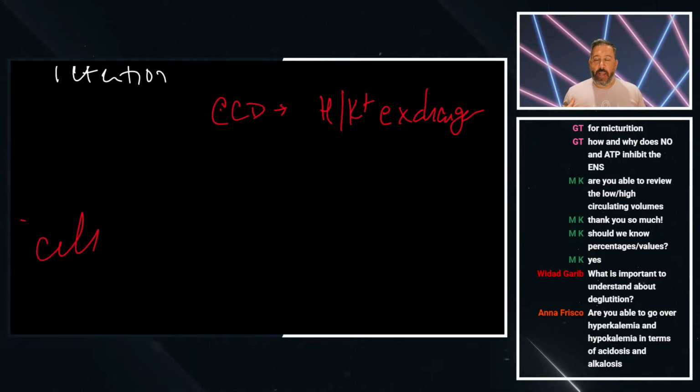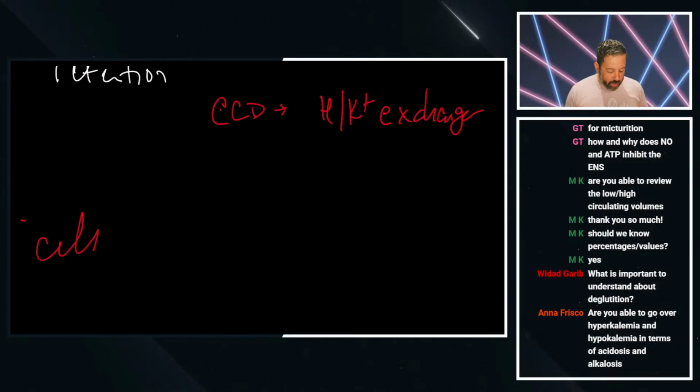So depending on what's going on in the blood, we either need to get rid of a lot of hydrogen or we need to bring hydrogen back into the blood to buffer everything out. So just think about hydrogen. Where does hydrogen have to move? If we're very acidic in the blood, the hydrogen has to go into the tubular fluid or into the cell. If we are in an alkalotic environment, we have to bring the hydrogen out.